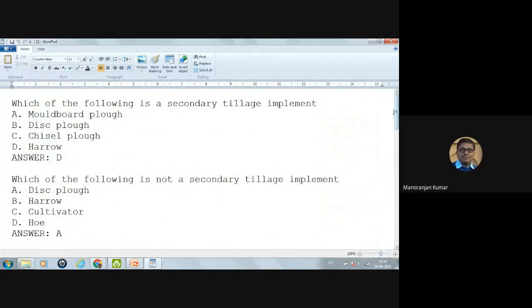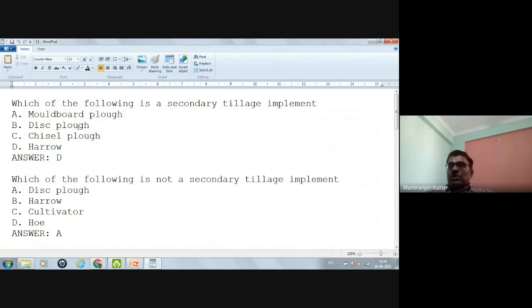The first question is, which of the following is a secondary tillage implement? MB plow? No, MB plow is a primary tillage implement. Disc plow? No, it is also primary tillage. Chisel plow? Primary tillage implement. Harrow? Yes, harrow is a secondary tillage implement.